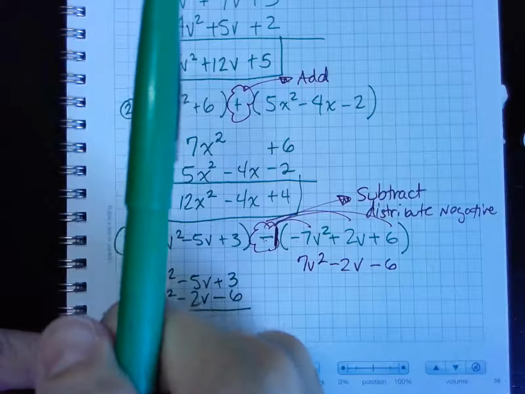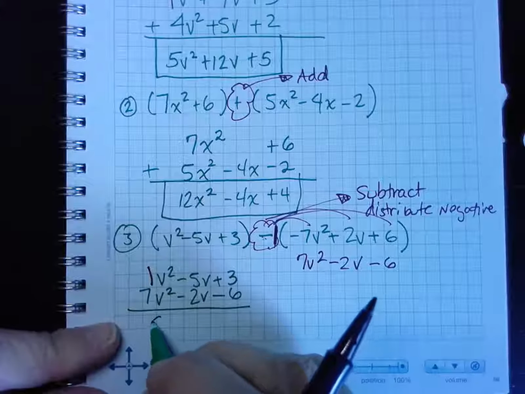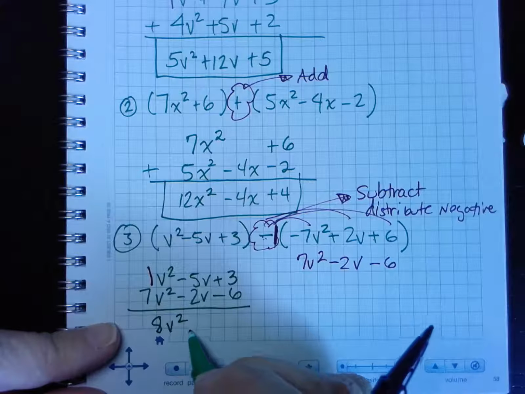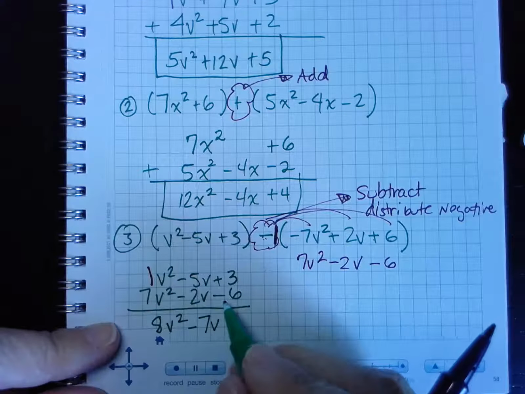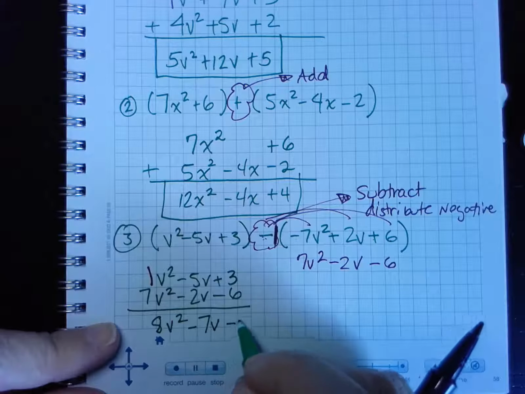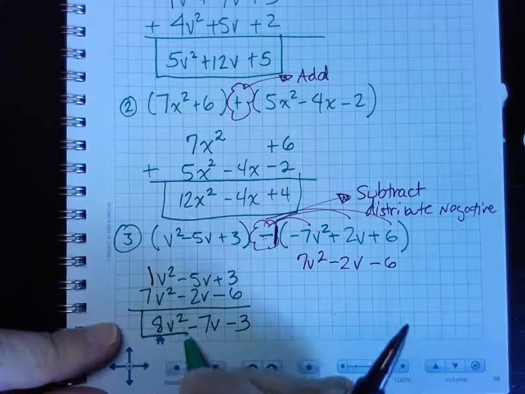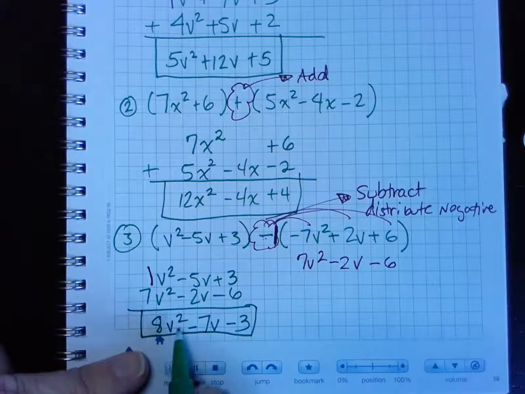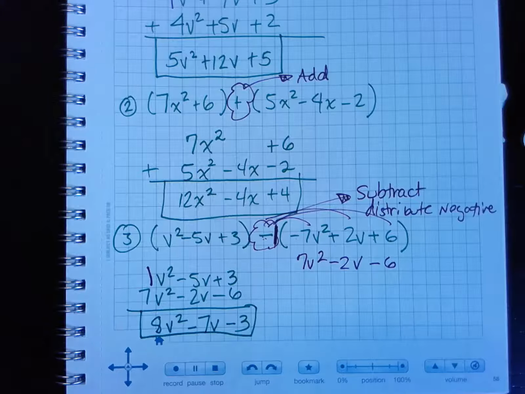Remember, there's an understood 1, so this is 8v squared. A negative 5v, a negative 2v is minus 7v. In this I have $3, but I need to spend 6, so I'm short 3. So that subtraction problem gives you 8v squared minus 7v minus 3.